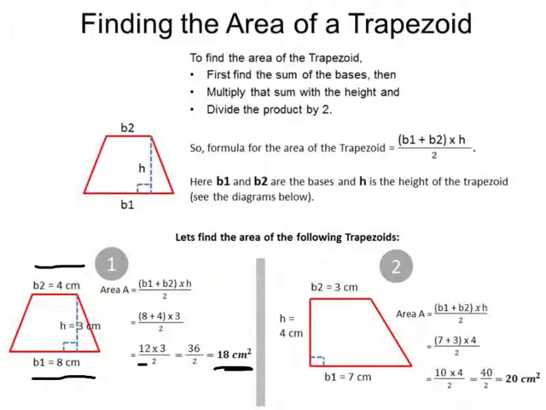Now here, base 1 is 7, base 2 is 3. We add those together, we get 10. The height is 4. So 10 times 4 is 40, and then we divide by 2 for a total area of 20 centimeters squared. Really pretty easy.